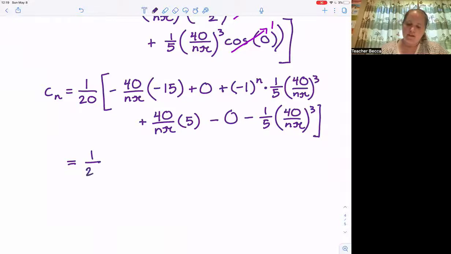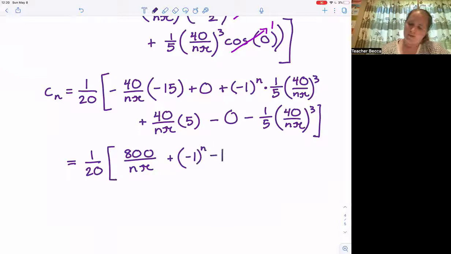This becomes 1/20 times -40 over n pi times 15 plus a 40 over n pi times 5. So that's 40 over n pi times 20 in total, would be 800 over n pi. And then we have a plus -1 to the n minus 1, all multiplying 1/5 times 40 over n pi, whole thing cubed.